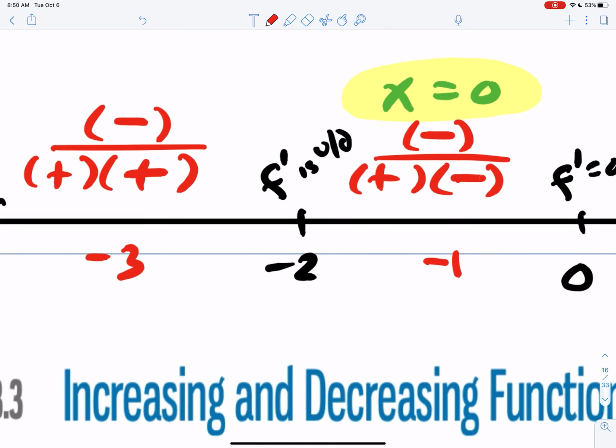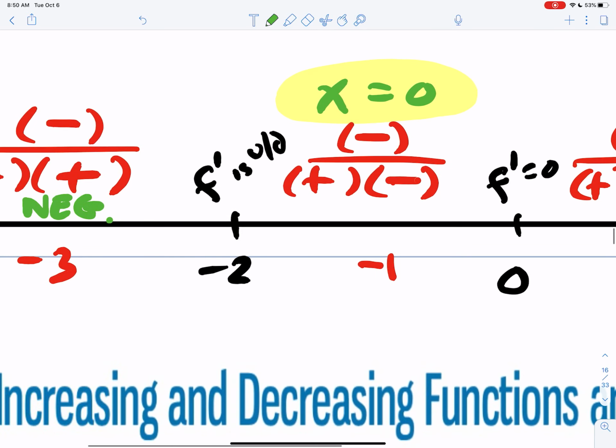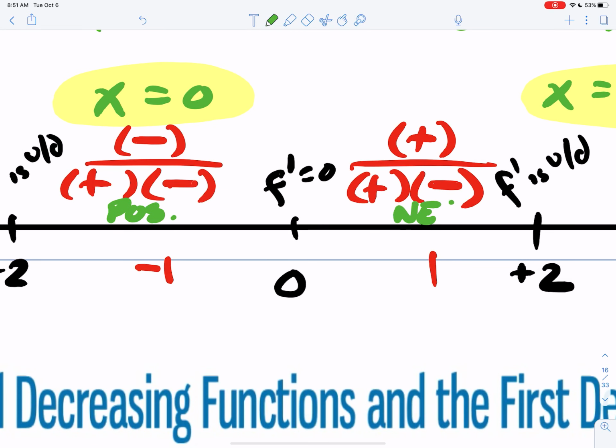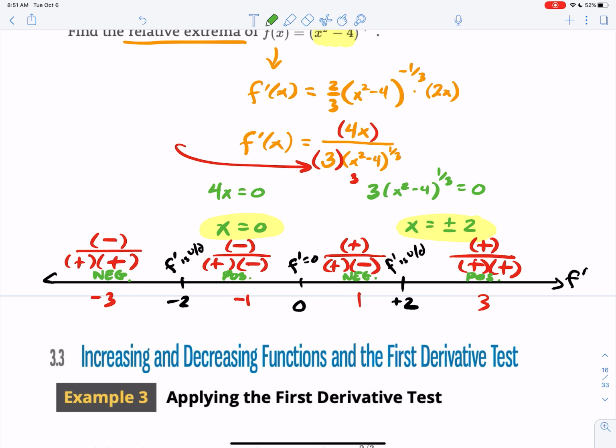Okay, you count the number of negatives. Here, we're going to end up with an odd number of negatives, so we have a negative here. Even number of negatives, we have a positive here. Negative, positive. They happen to alternate. But again, you guys, they don't always alternate, all right?